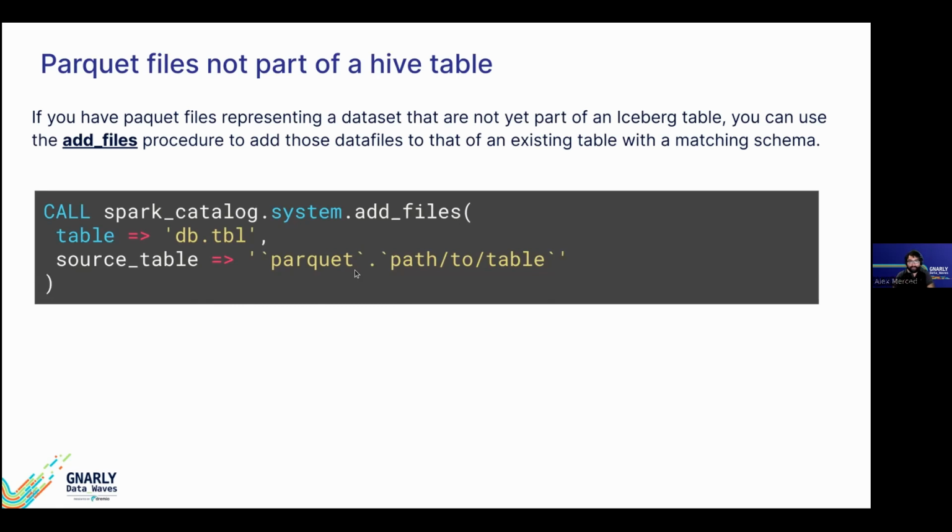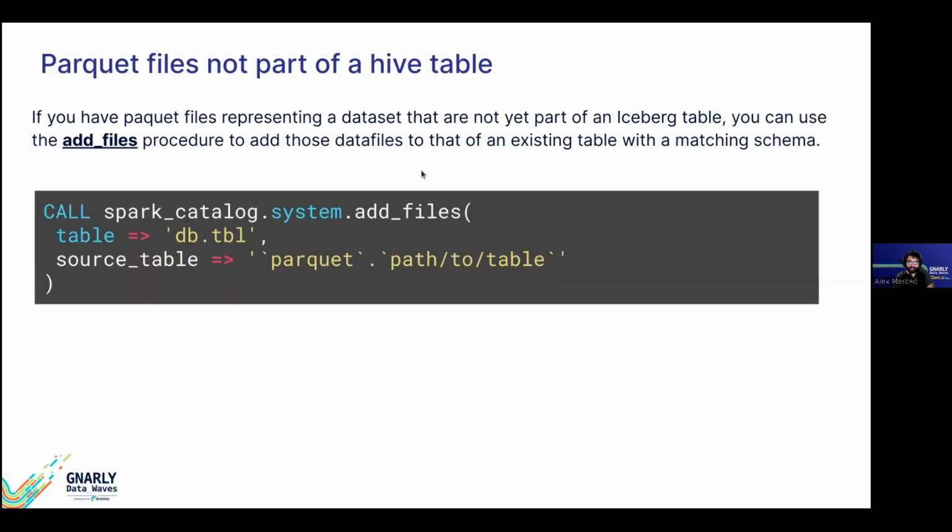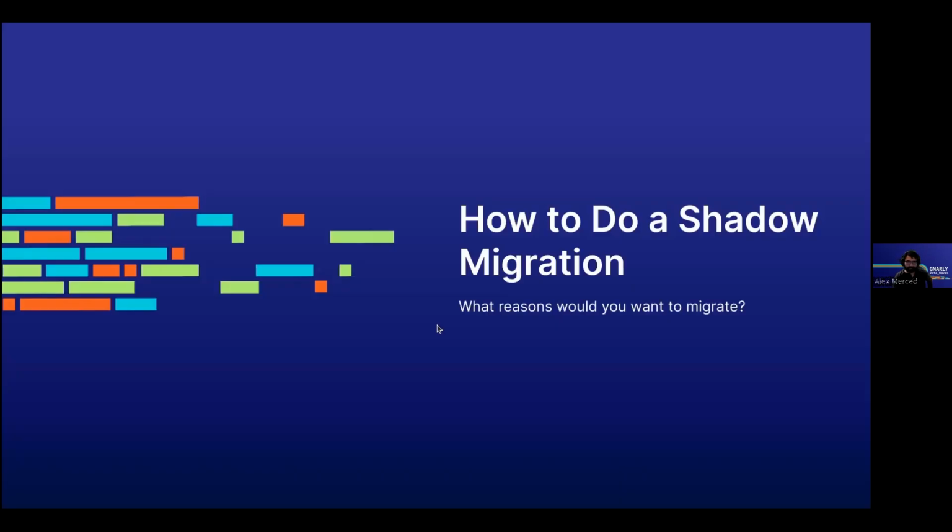And it won't rewrite those files. It'll just write metadata that refers to those files. So those files are now a queryable Iceberg table with all the metadata that allows you to have those efficient query patterns, but without rewriting them. So that's the add files procedure, which is pretty cool. And essentially, those are the two paths of doing an in-place migration, if you just want to move data into an Iceberg table without rewriting the data.